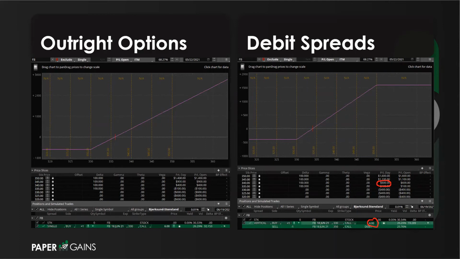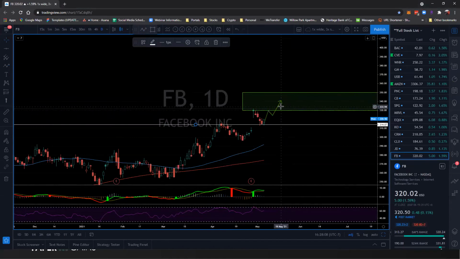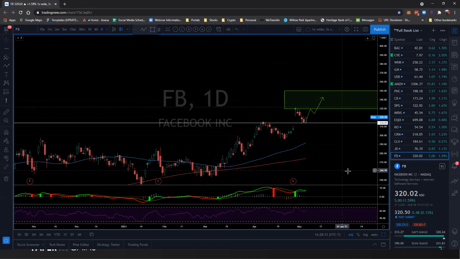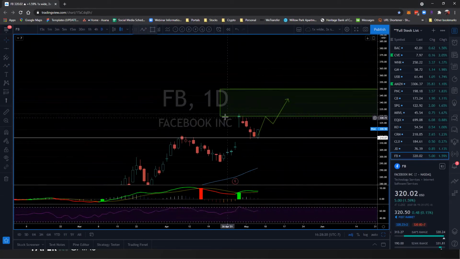So wherever it is in the spread, if we're at 340, its value will be $1,000. So from 330 to 340 is $10 into the spread. It's 10 times 100, $1,000. Here's the cool thing. If it gets to 341, it doesn't really matter. Remember this 330 here, this is our long strike, and our short strike is 350.